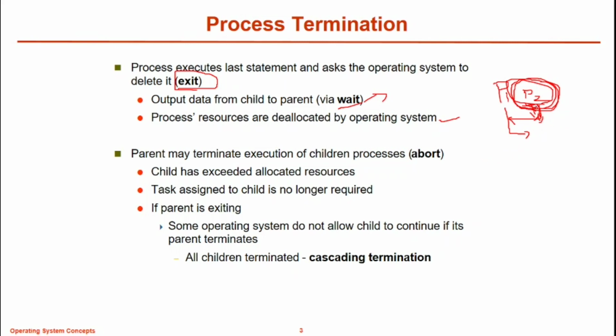It may have allocated memory, input output devices, or some other resources. After it gets terminated, the resources held by the child process have to be released. And how is it done? The operating system performs the task of releasing the resources held by the process which has exited.